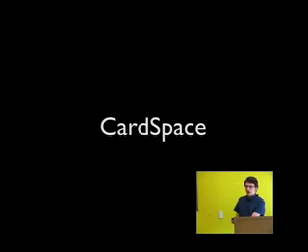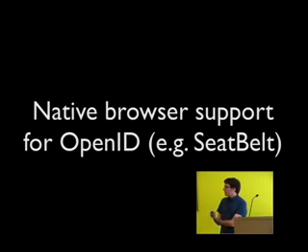And this leads us through to another idea, which is native browser support for things like OpenID. Now, VeriSign are doing a lot of work with OpenID, and they've put out this Firefox extension called Seatbelt. And Seatbelt basically sits in your browser watching what you're doing, and it looks out for evidence that you're starting an OpenID transaction. And if you are, it makes damn sure that you're doing that against your identity provider and not some fake.